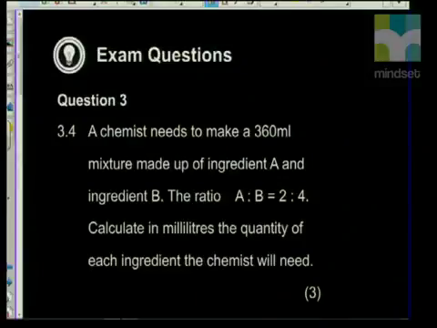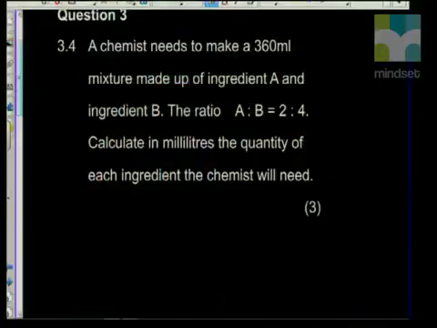Right, question 3.4 is dealing with ratios. This is also a question where they've given us the total and we need to work backwards to find out how much each of the parts actually consists of. So if we read the question carefully, it says a chemist needs to make a 360 milliliter mixture.